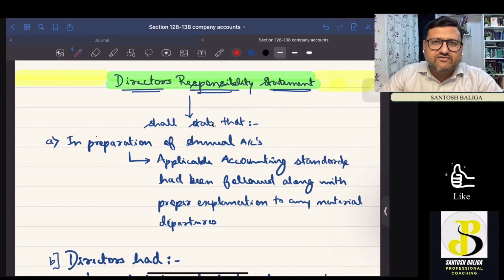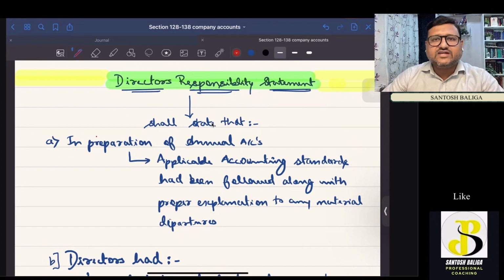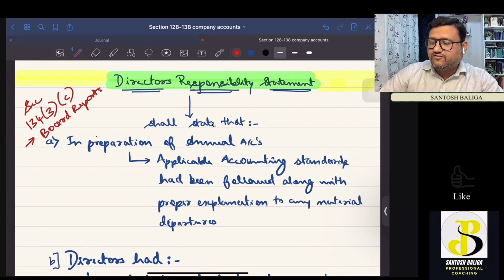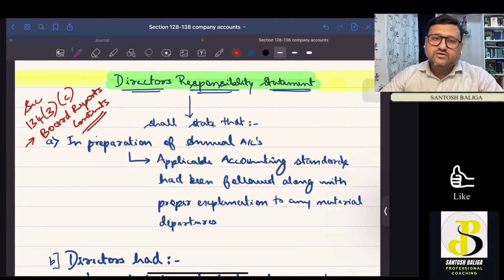So this is the lecture where we will cover director's responsibility statement, which has been covered under section 134 subsection 3, clause C, which covers the board report, or you can call it the contents of the board report.